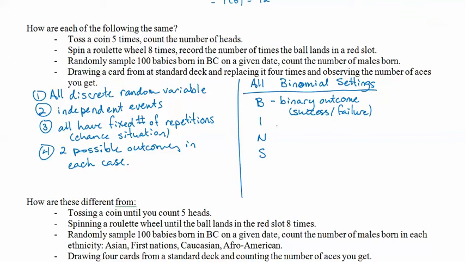I stands for each repetition being independent. N stands for the number of repetitions: a fixed number of repetitions of your experiment.